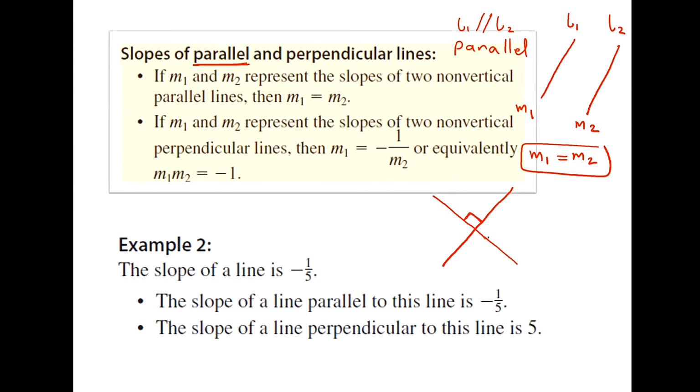For line 1 and line 2, we have slopes M1 and M2. So we have M1 multiply M2 equal what? -1. The multiplication of two slopes of perpendicular lines must be equal to -1.